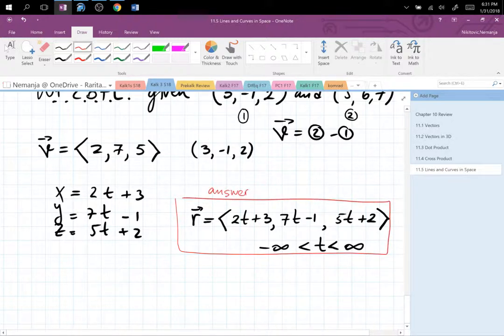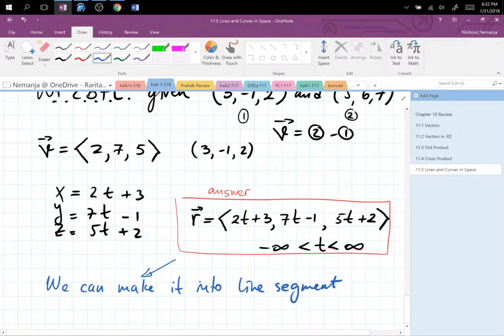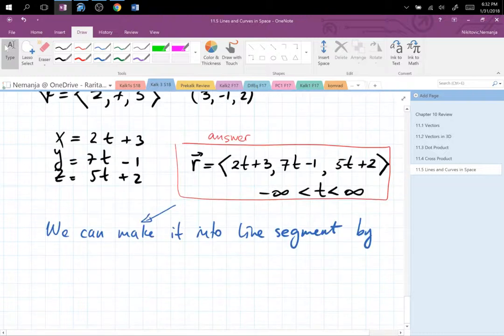So this is your infinite line in 3D space. Now, we can make it into a line segment by restricting t.